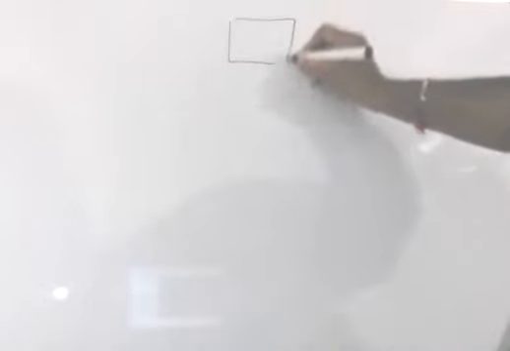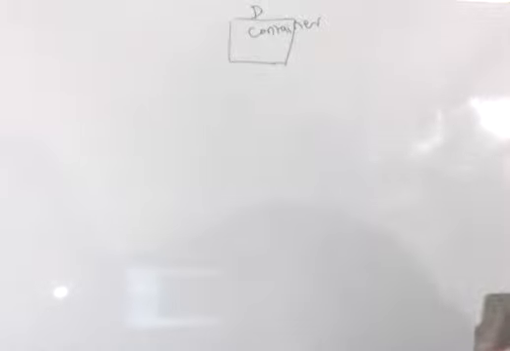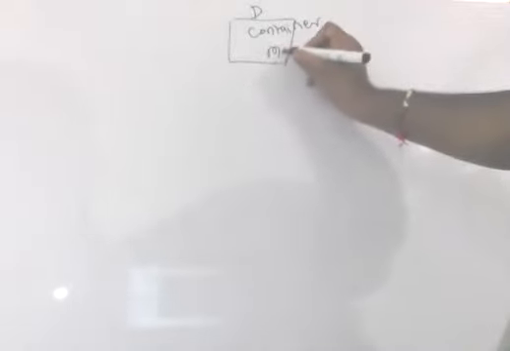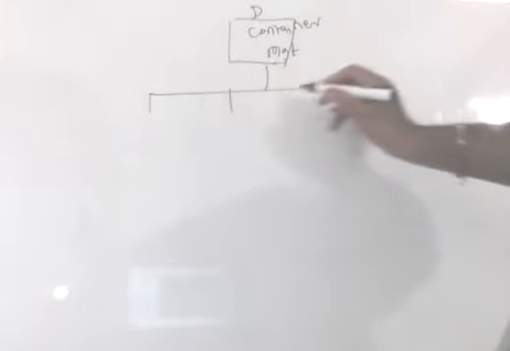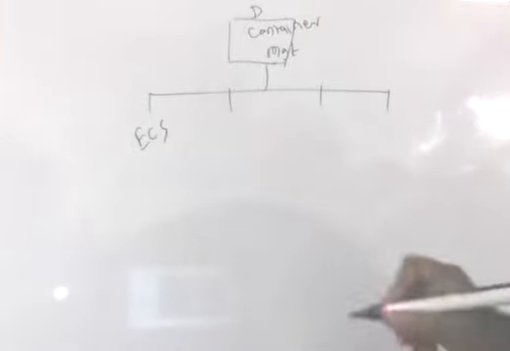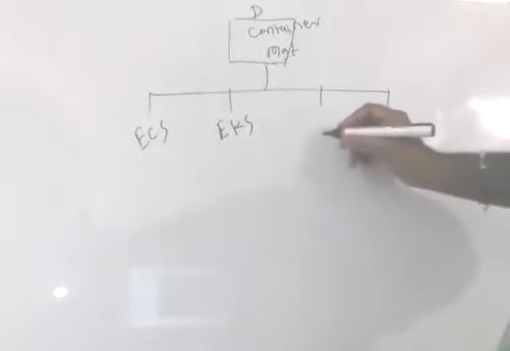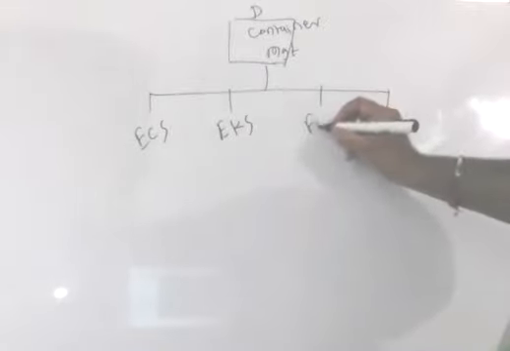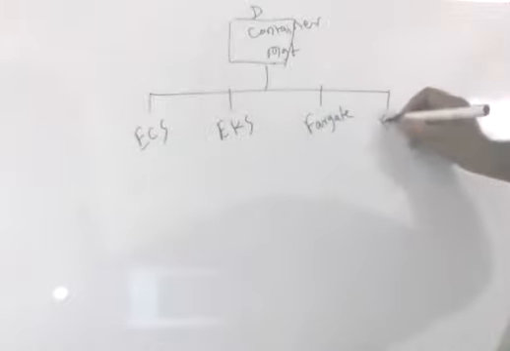Container management. As I said, there is a Docker container. I want to do the management of the container. I have 4 options. First option is ECS, second option is EKS, third option is Fargate, and fourth option is ECR.